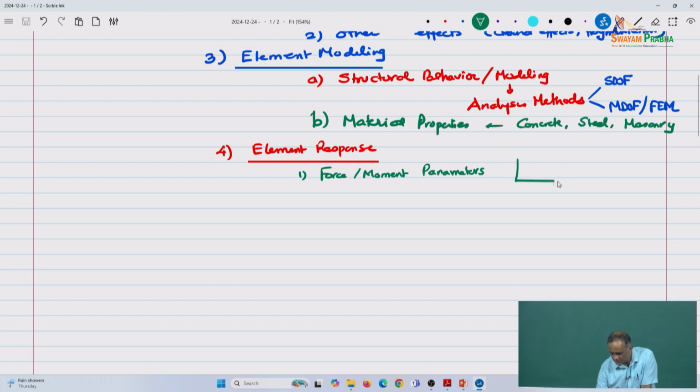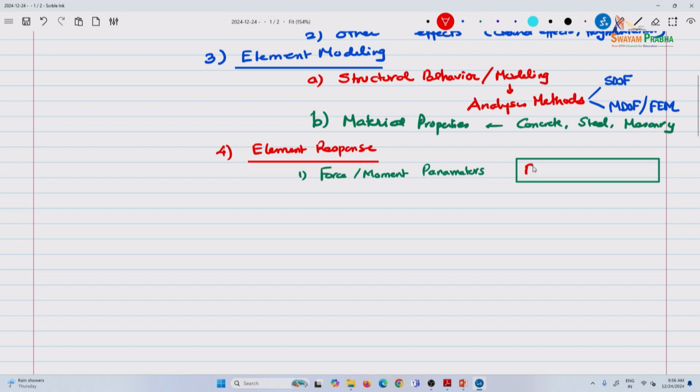This also comes in terms of what are known as resistance functions. It's an important concept that is a part of blast design. Resistance functions can be analytical.